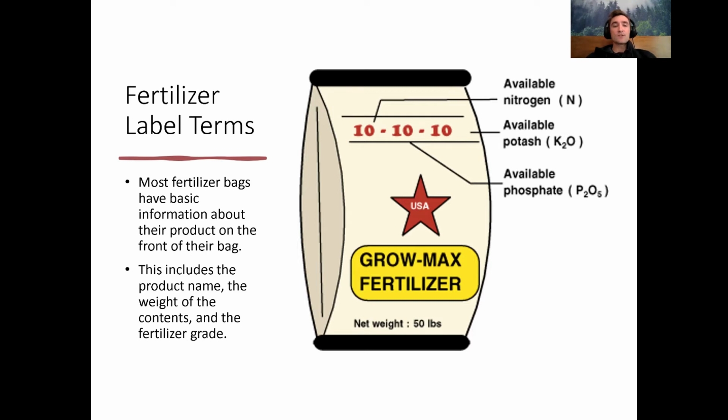So we want to make sure there's a product name, that the weight of the contents is there, and that the fertilizer has a grade. And the grade is made up of those three numbers, 10, 10, 10 in the example here. And you can see that that's related to nitrogen, phosphorus, and potassium.